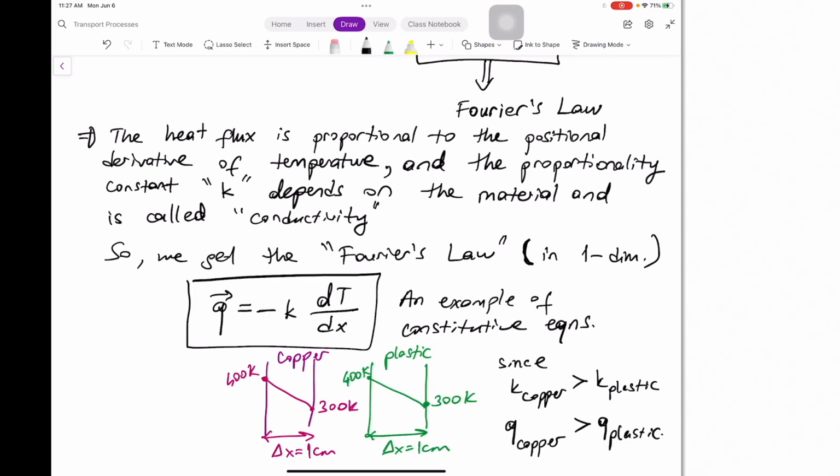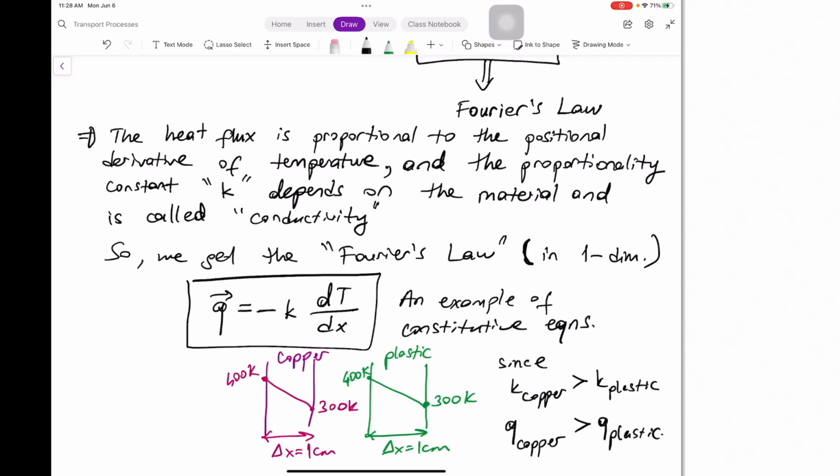Actually, experimentally, you can observe it in your daily life. Generally, when you touch a metal surface, you're going to feel that it's much colder. If you're touching two surfaces, one is a metal table, the other is a plastic or wooden table, and they're both colder than your finger temperature, the metal table is going to feel colder than the wooden table.